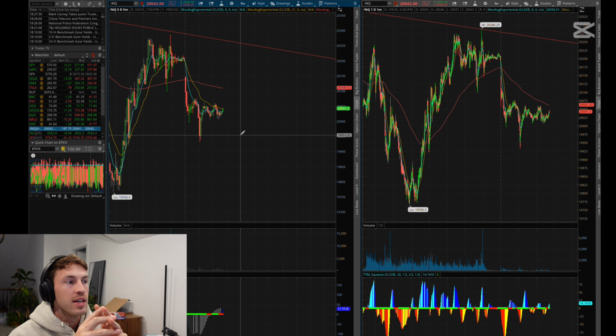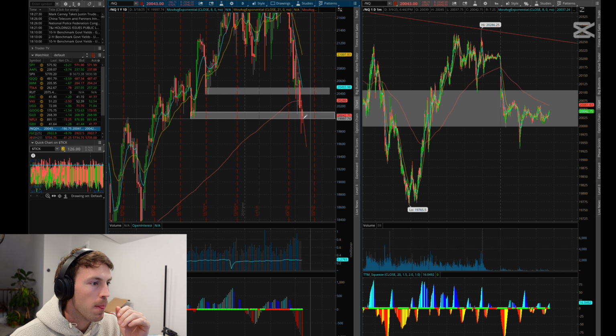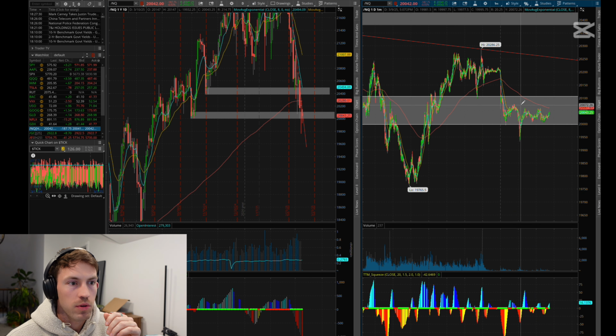So that's how I use my top-down approach. Let's just recap this. I'll start with the daily chart. I'll look at potential support levels or support zones from larger time frames, and I'll draw them. You could even, if you want to do it a little bit bigger, go here, and finagle it to where it's right here, okay?